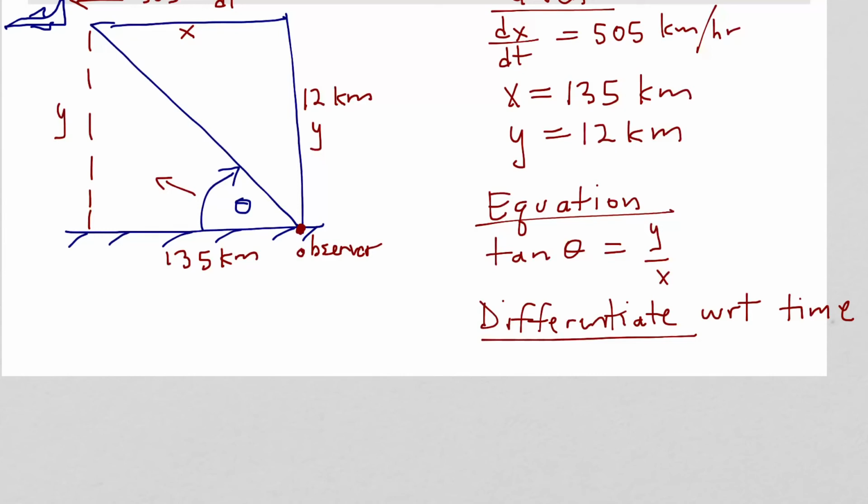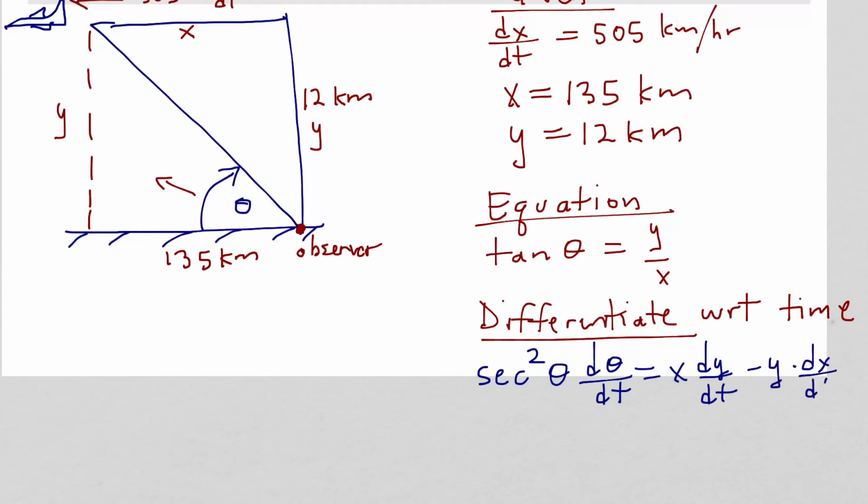So the derivative of the tangent of theta is the secant squared of theta times d theta/dt, chain rule. And then on the right-hand side, we've got a quotient. So we've got the bottom times the derivative of the top, minus the top times the derivative of the bottom, divided by the bottom squared.